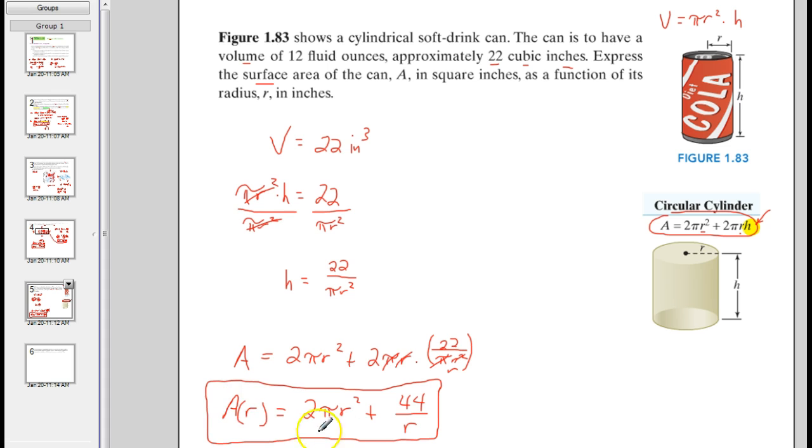So if I wanted to minimize surface area with a fixed volume, then I would take this function and, because r is the only variable, I could determine what radius would minimize the surface area. So I could plug that into my calculator. It would be much more funky looking, but I could plug that into my calculator and get a graph and see the minimum point, the low point.